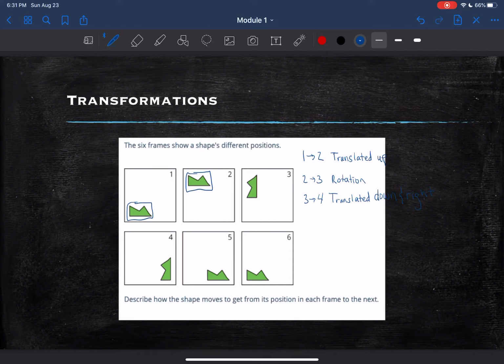So if we go from 4 to 5, the orientation changed. It does not look like a mirror image, so we know that it is a rotation. And then lastly, 5 to 6, it looks like it went from the right to the left, so it's translated left.